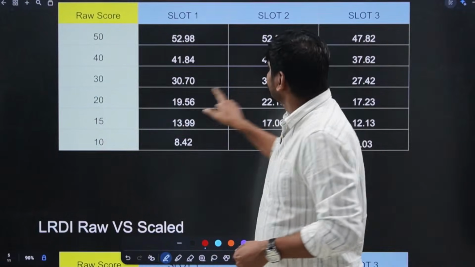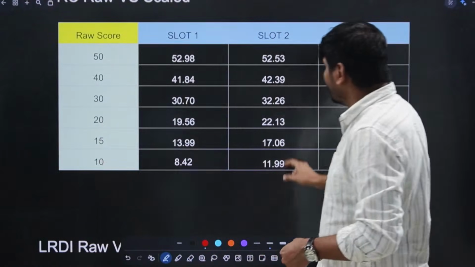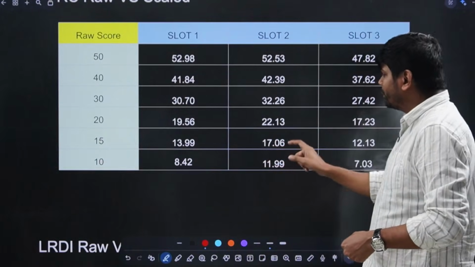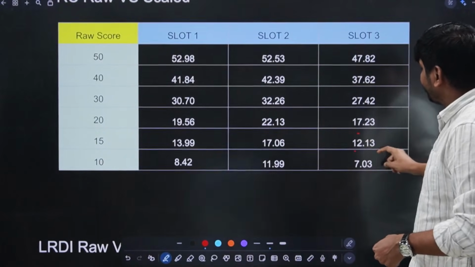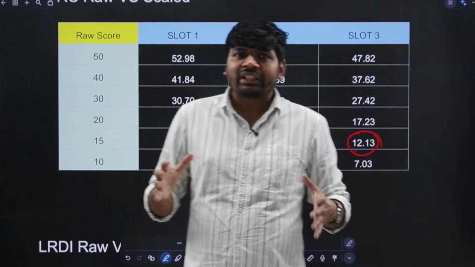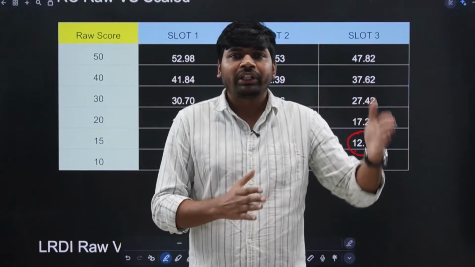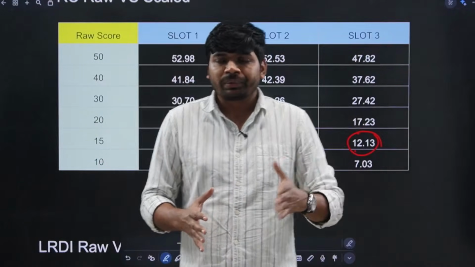Whereas in slot 2, if you look at a raw score of 15, you are getting scaled up to 17.06. And slot 3 is getting scaled down to 12.13. So now you can compare, if you are getting a particular score in a particular slot, what will be your scaled score?